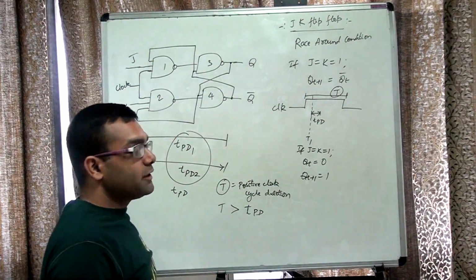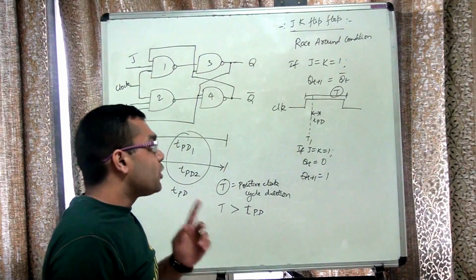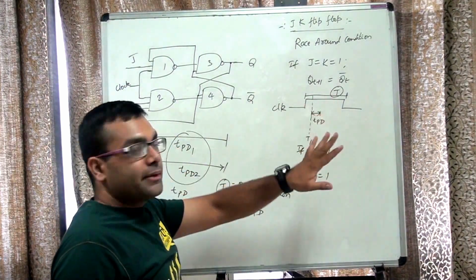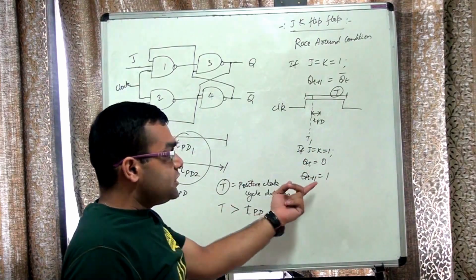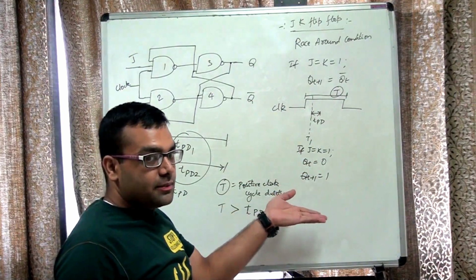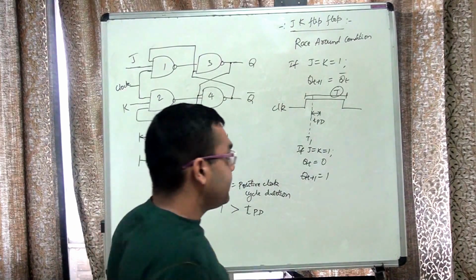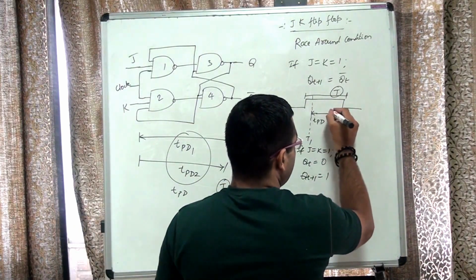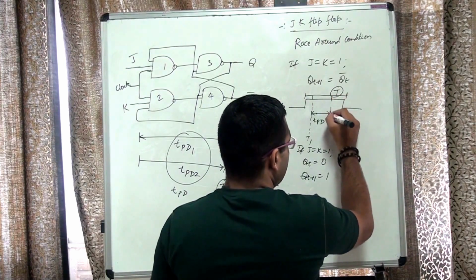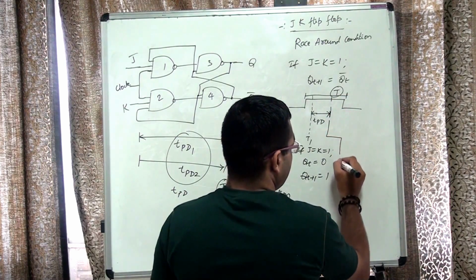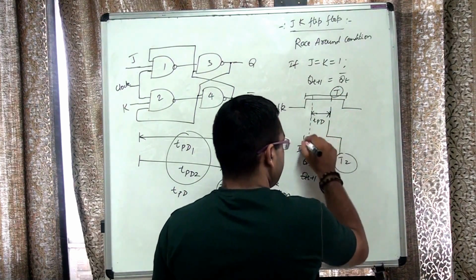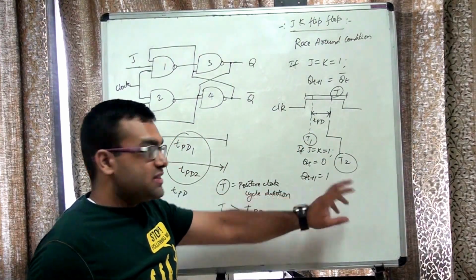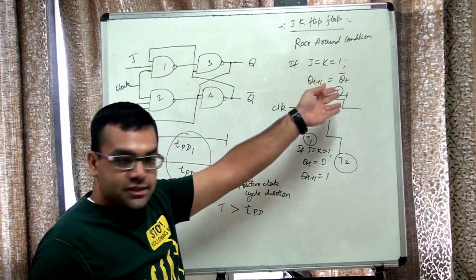Now what is the problem over here? Since my tpd is less than capital T, this changed value, Qt plus 1, now becomes Qt. Let me extend it a little. At this point, say this is T1 and this is T2. At T2, what is the problem? My J and K are still 1, the clock is still 1.